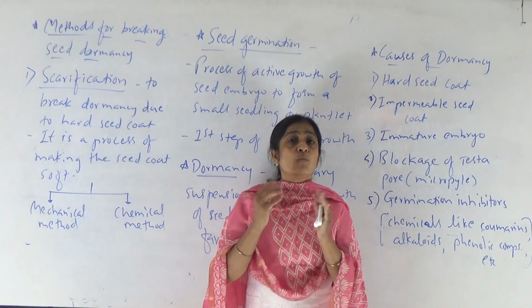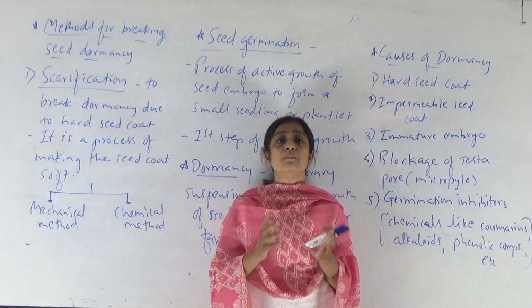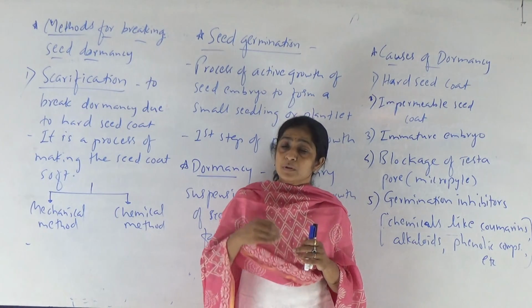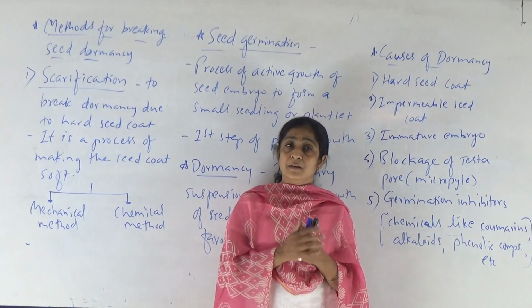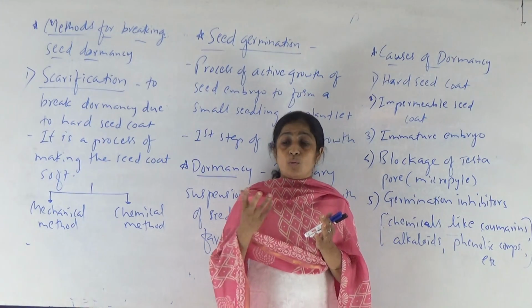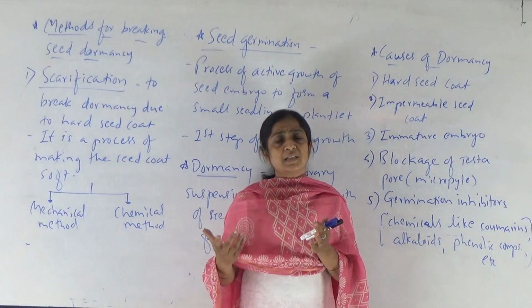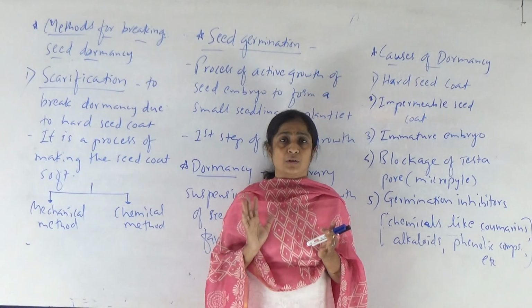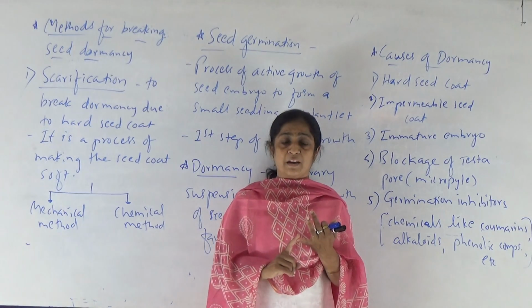That helps to remove the outer hard part of the seed coat and hence the seed becomes soft. Such seeds are able to germinate after this procedure. So sandpapers are used. This is the mechanical method of scarification.